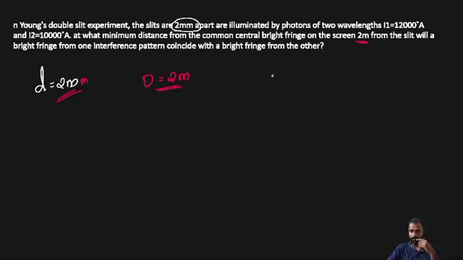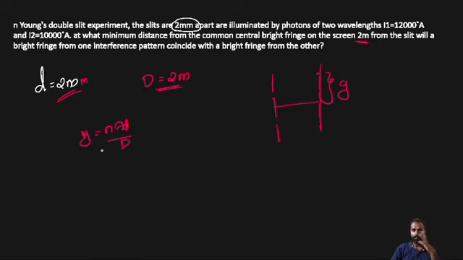Actually, our experiment is this setup, this screen. If two bright fringes have to coincide from two light sources, suppose here the bright fringes form, this y will be the same for these two light sources. Then I can write y is n lambda D by d.